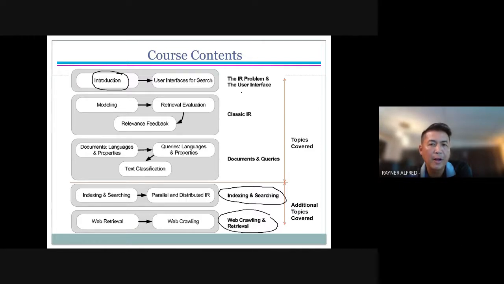So we will cover all of this at the top. So next week we will look at this one, user interface for search. Okay. And so on. So we will cover another 1, 2, 3, 4, 5, 6, 7. Some of the topics we will cover in 2 weeks. Okay.